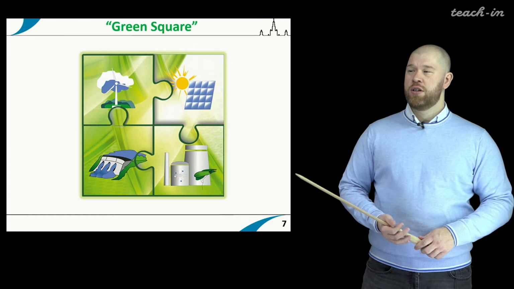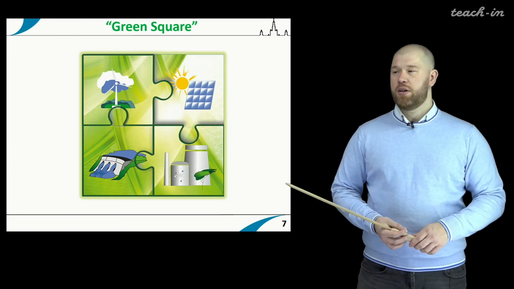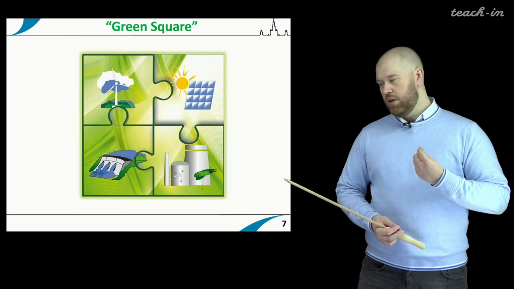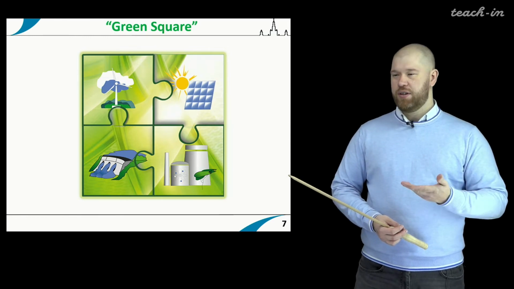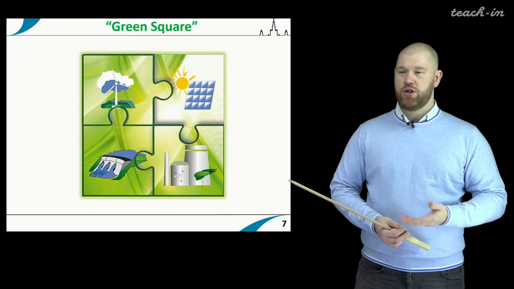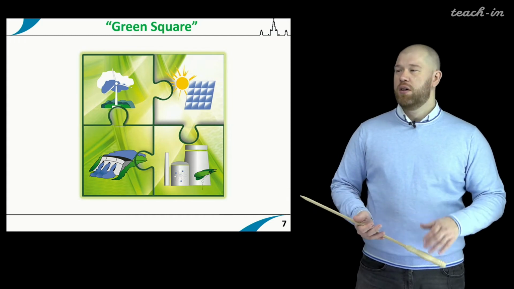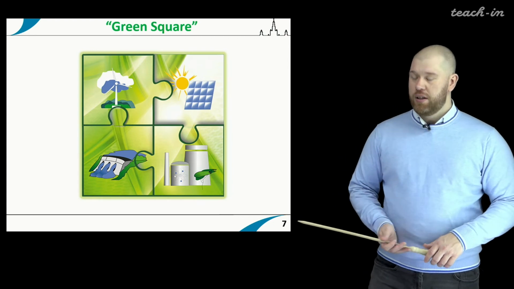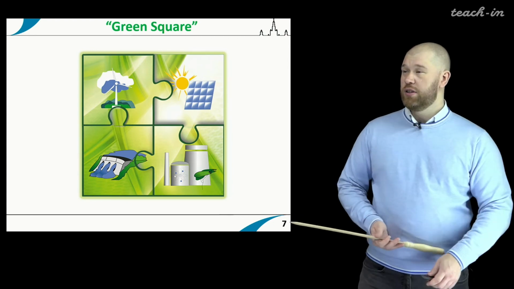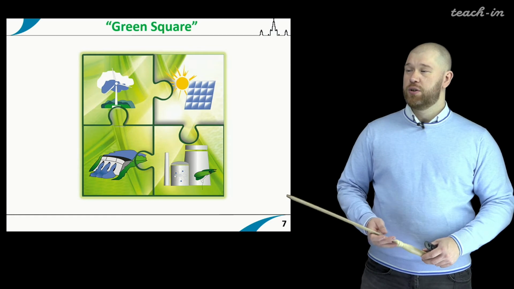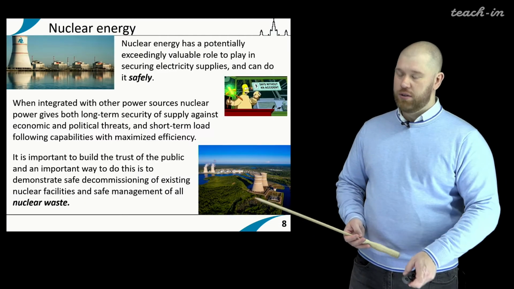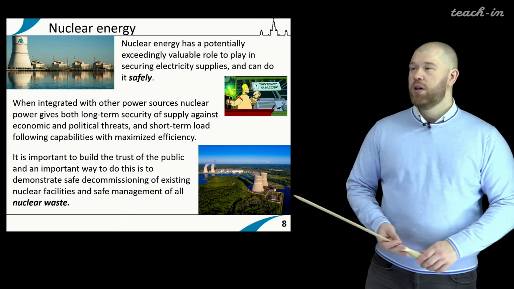This combination can guarantee safe production of energy during the whole day, in the night and during the daylight, and all of these sources of energy are low-carbon in power production.